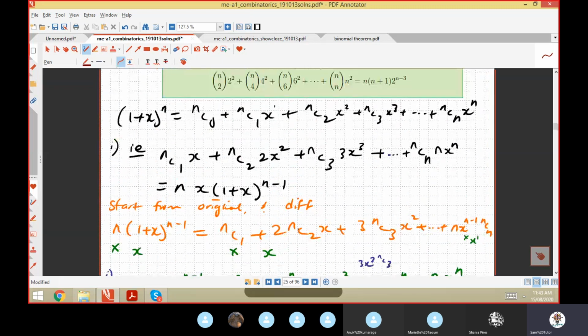Nice. I know what's meant to happen, I just can't see it. If n is even, so if this was 4, this would have been n choose 0, n choose 1x. And then we're going to differentiate the original, right?